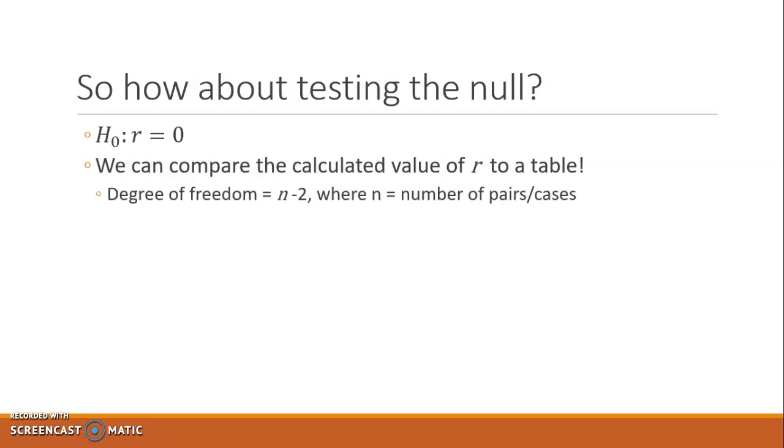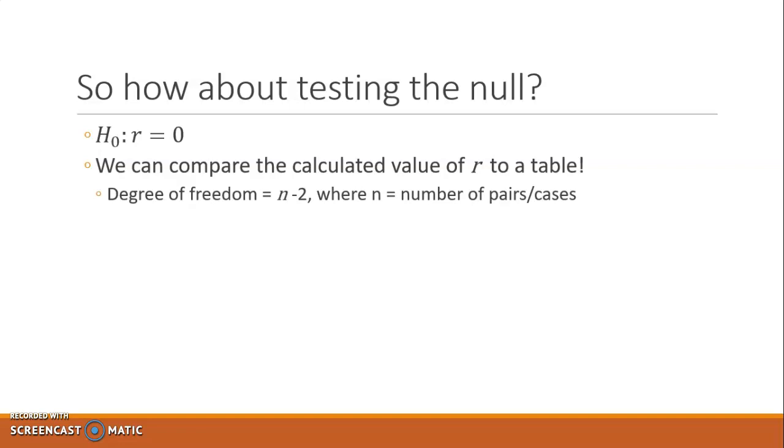N is the number of dots on that scatter plot. N is the number of points where you have both x and y. So you can think of it as pairs, as cases, any way you look at it. It's n minus 2. That gives us our degrees of freedom when it comes to correlation.